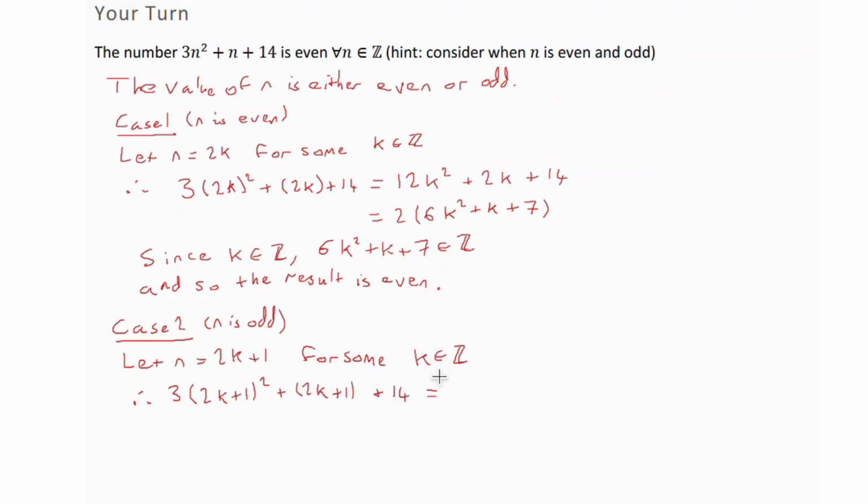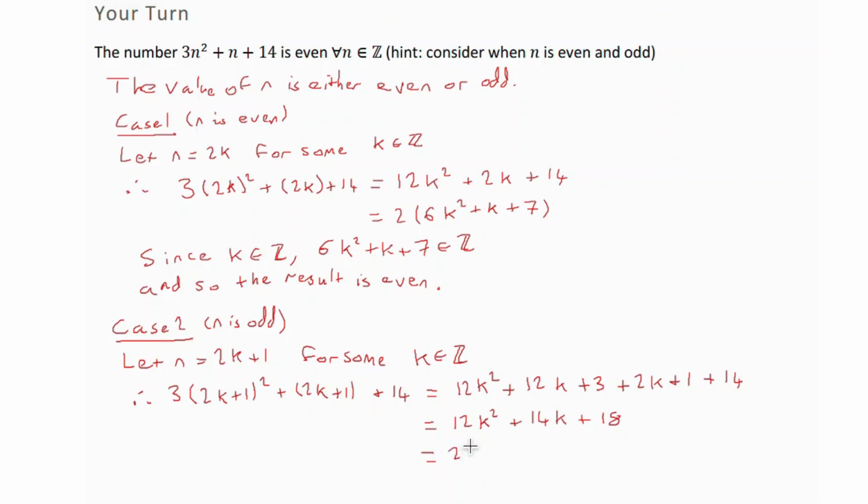which expands to, again, we're going to get 12k squared. When we expand this, we're going to get 2k plus 2k, which is 4k. So then we're going to get plus 12k. And then plus 1, which multiplied by 3 is plus 3. Plus 2k plus 1 plus 14, which is 12k squared plus 14k plus 18.